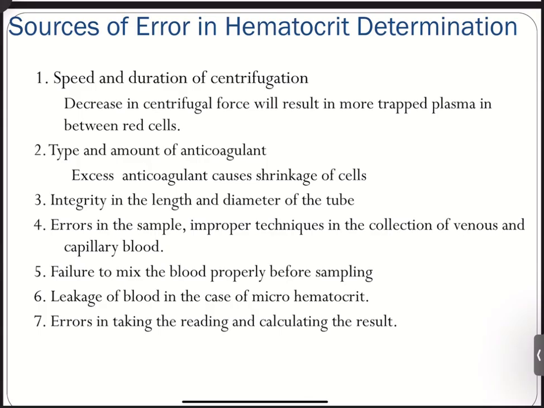Okay, errors in sample: improper techniques in blood collection and capillary blood, failure to mix the blood properly before sampling, leakage of blood in case of microhematocrit, improper sealing, errors in taking and reading and calculating the result. So that's the human error.